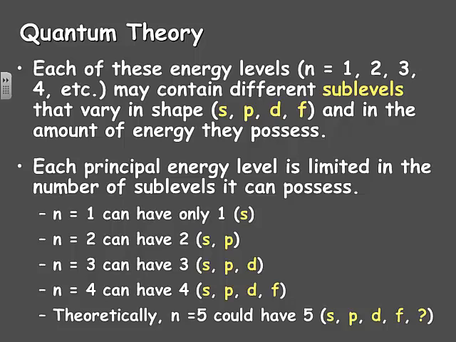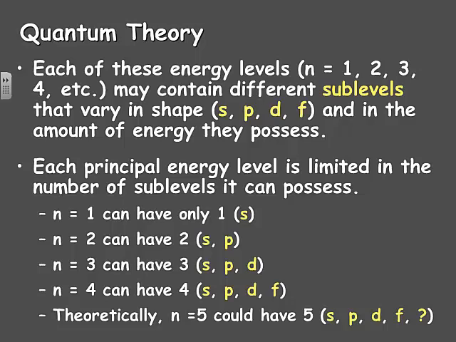When we have the principal quantum number of 2, it can have 2 sublevels, and so there's an S sublevel as well as a P sublevel. With a quantum number of 3, it can have 3 sublevels, S, P, and D sublevels. And the fourth energy level can have 4, S, P, D, and F.